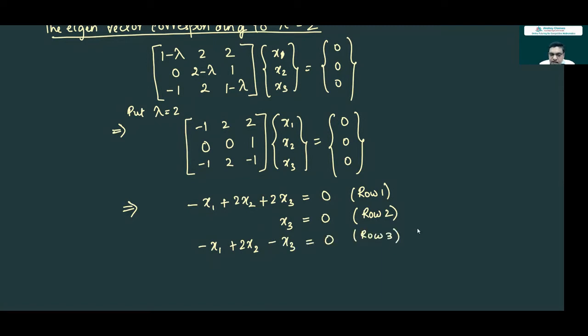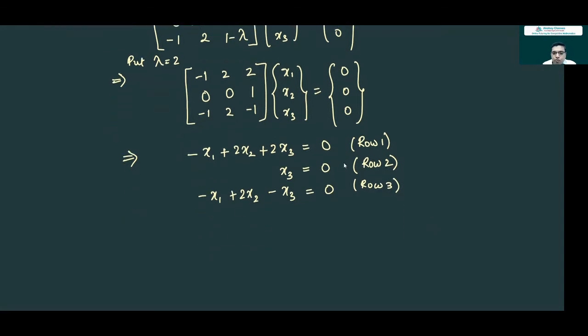Now you put x3 equal to 0 from row 2 in row 1 and row 3. We get the same equation again. So this implies x3 equal to 0 and minus x1 plus 2x2 equal to 0. Row 1 and row 3 will give you the same expression. So you will get x1 is equal to 2x2.